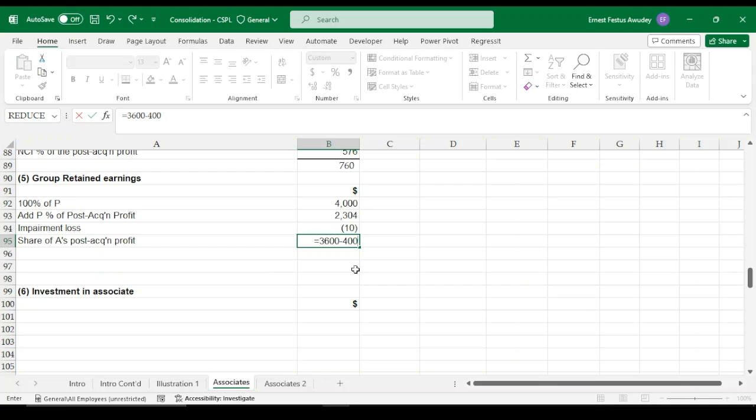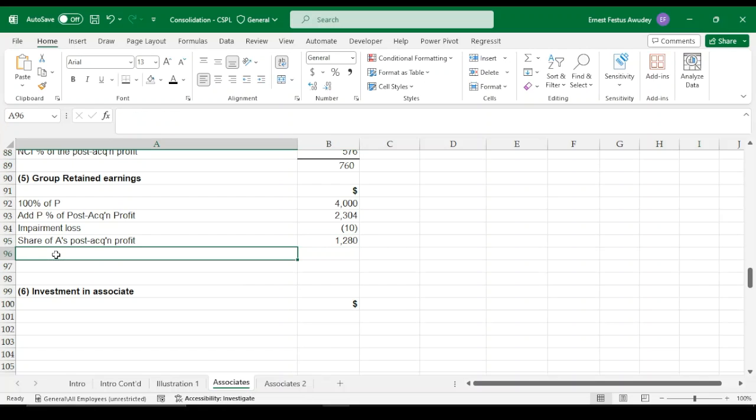We are going to subtract that of the acquisition date retained earnings, and then the result is going to be multiplied by 40%, which is the shareholding percentage. So let me put this in brackets, and then I can hit enter. So this is what we call the post acquisition profit of the associates. All right, so that is what we have there.